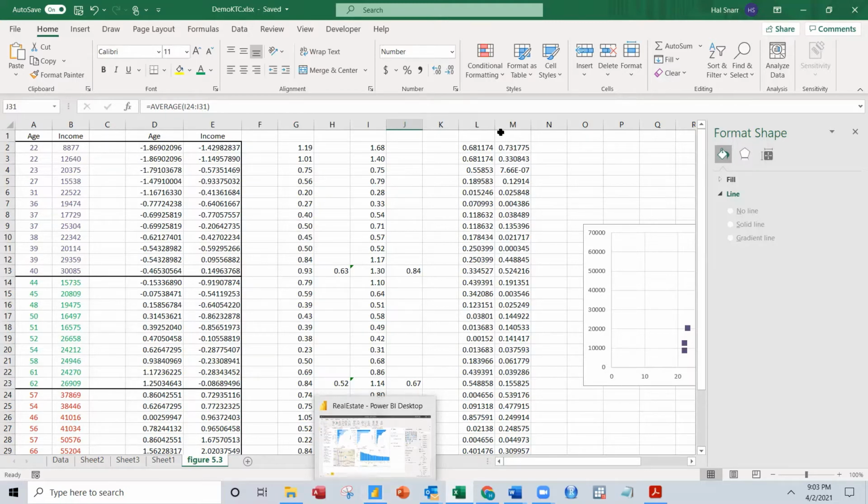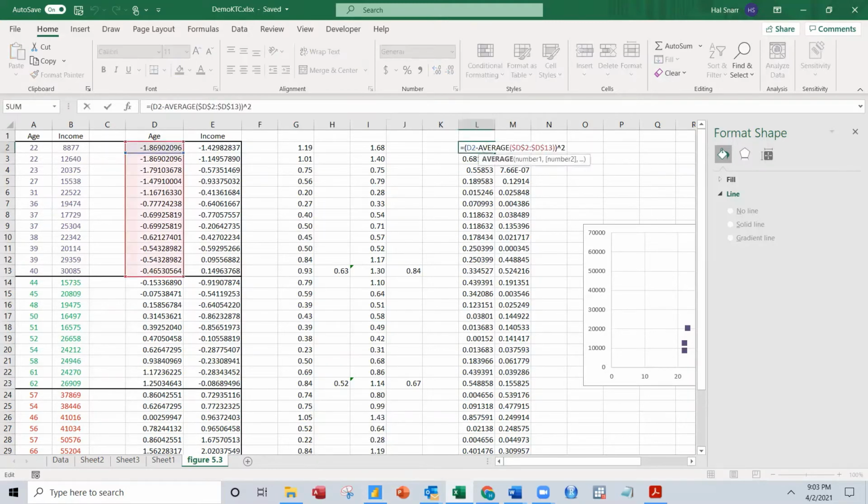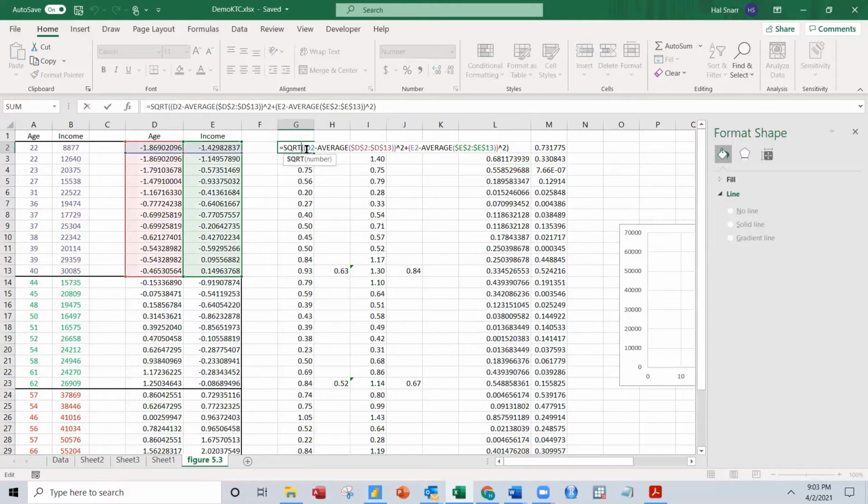So the way you do that is, check that out. This is the value here minus the mean. So it's the first part of this here, right? And then we square it, right? We square it. See that? So this is a square. The deviation from the mean squared, right?